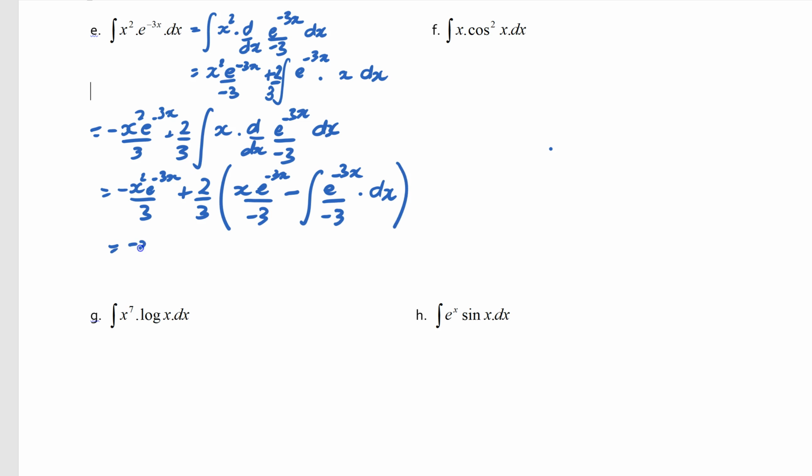And when I do that, I've got minus x squared e to the minus 3x on 3, it takes a long time to write all this stuff, minus 2/9 x e to the minus 3x.